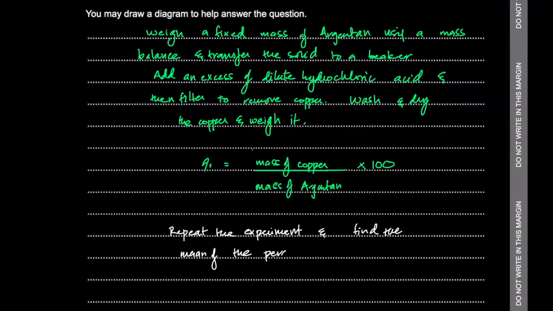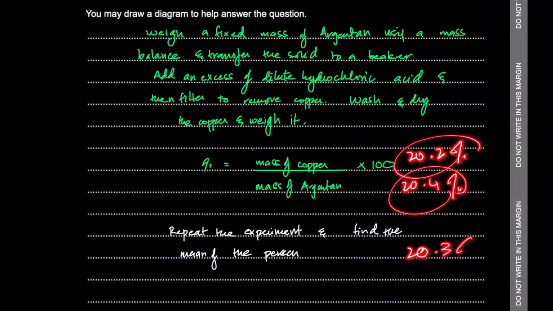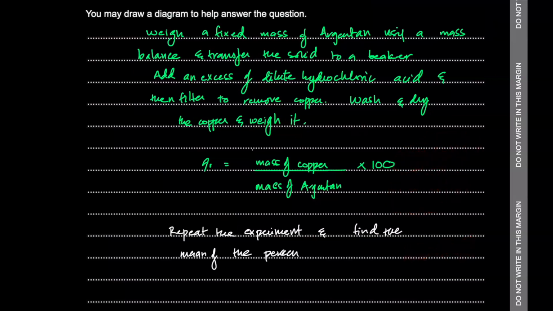Let's say in the first trial we got something like 20.2%, and in the second trial we got something like 20.4%. We can take the average and say that the percentage was 20.3%. More investigations will make it more reliable. So repeat the experiment and find the mean of the percentages, and that will give you the percentage by mass of copper in the argentan.